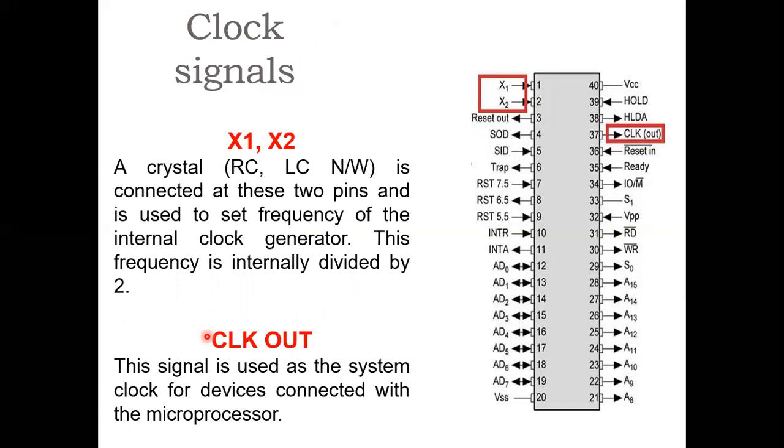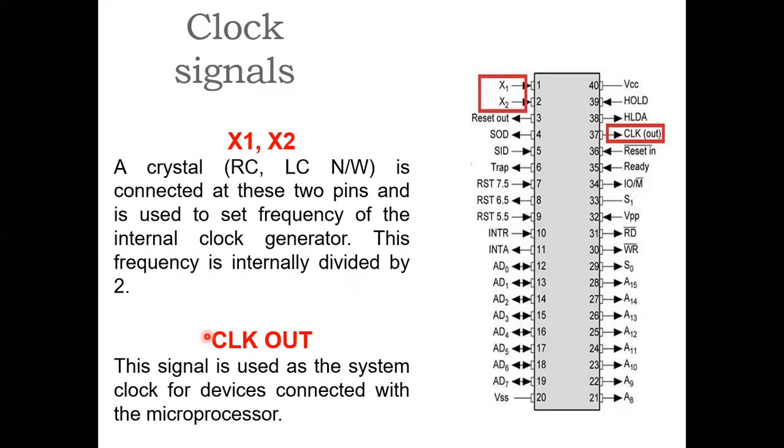Because in the microprocessor architecture, we already saw that the timing and control unit generates the time pulses for all the functional blocks. So we need to design a perfect clock generator for the microprocessor.